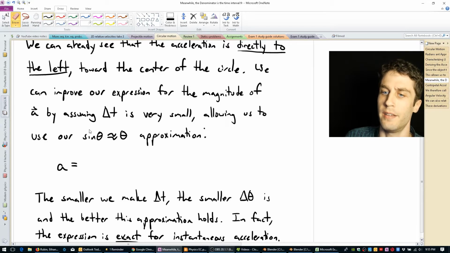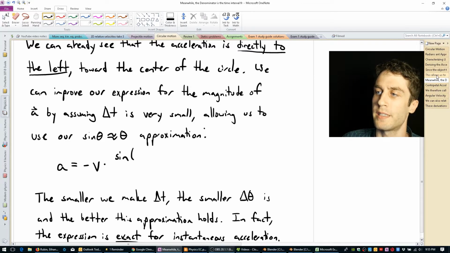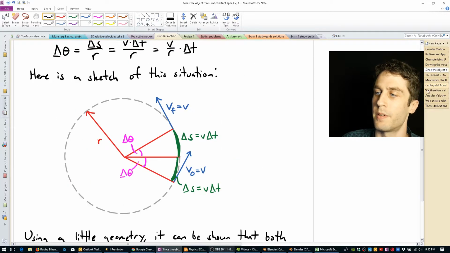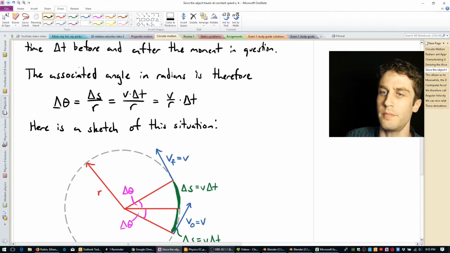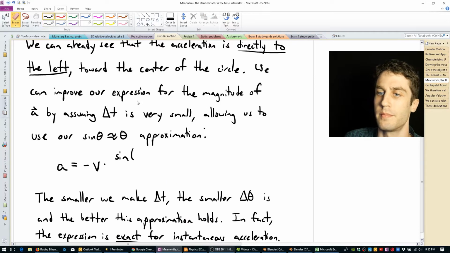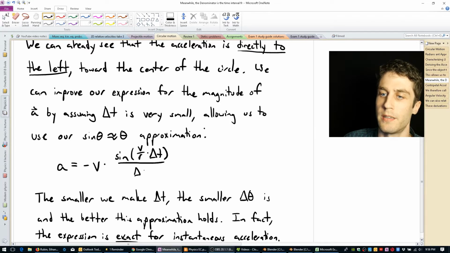And it's negative v times the sine of delta theta over delta t. Well, sine of delta theta, let me run back here. Delta theta we had was v over r times delta t. Okay, so they're related in that way. So sine of v over r times delta t, divided by delta t.